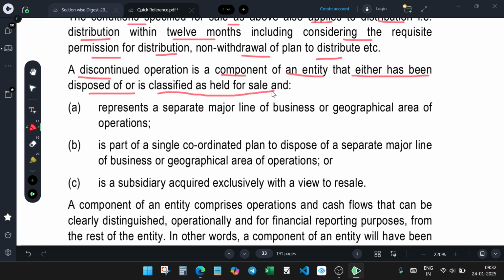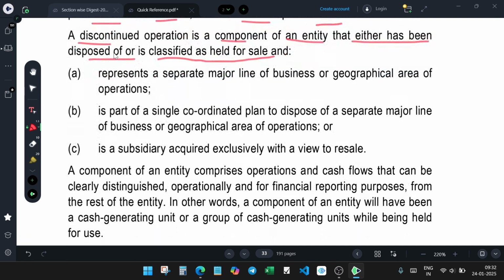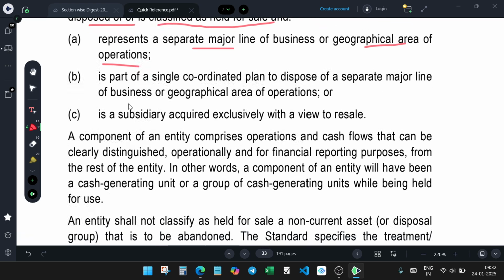If we can sell it, we can dispose of it. What we can do is put it under the head discontinued operation. They represent a separate major line of business or geographical area of operations. It's part of a single coordinated plan to dispose of a separate major line of business or geographical area of operation, and it is a subsidiary acquired exclusively with a view to resale.